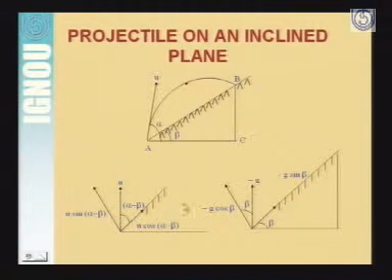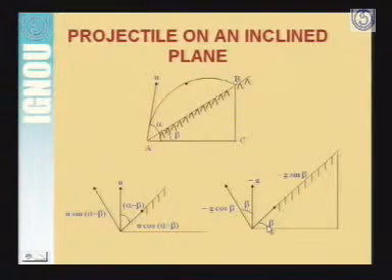Now as regards g, the acceleration due to gravity, here we have shown it in the vertical direction as minus g, because the acceleration due to gravity always acts in the vertical direction. In the downward direction it is g, so in the upward direction we have considered it as minus g.